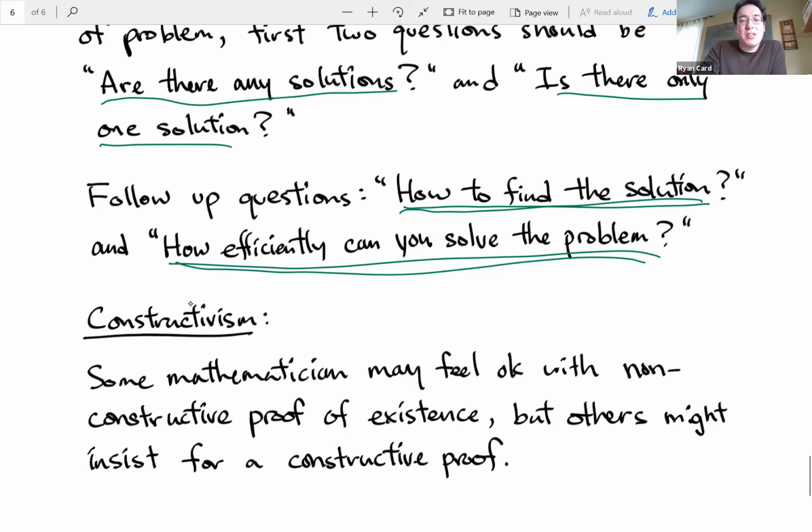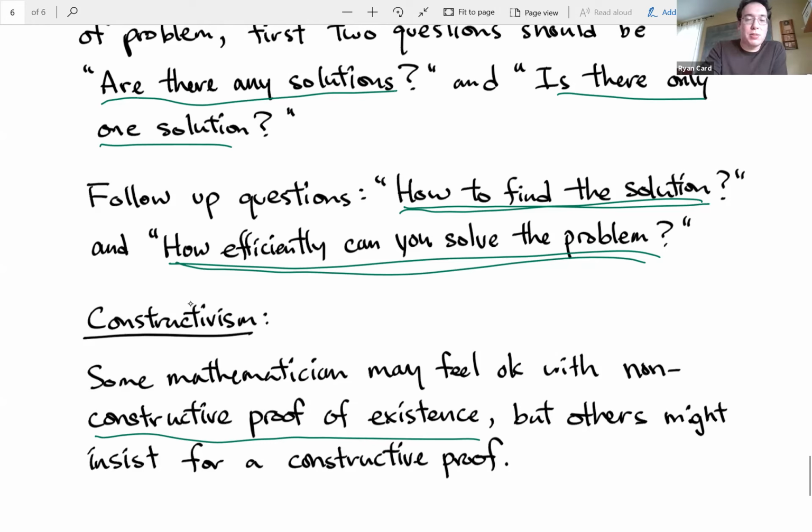Or some might not be satisfied with the problem until you have a systematic way to get to the solution or an approximation of the solution. So sometimes people are not satisfied if it's not a constructive proof, where you construct the proposed solution before you call the problem solved. So that's something to think about as well.